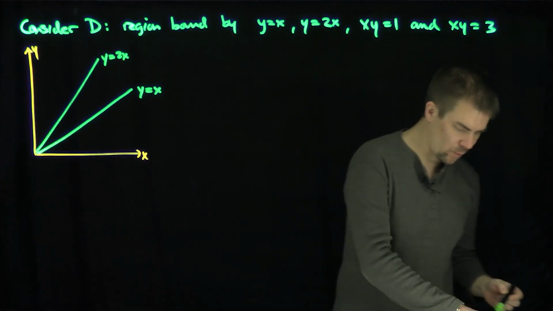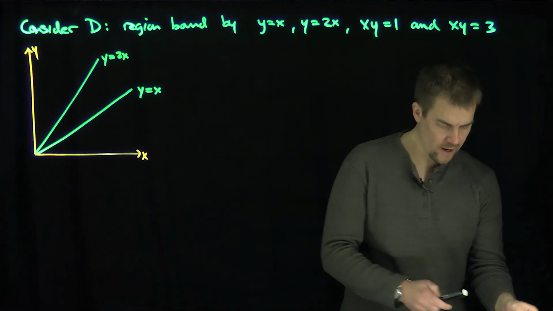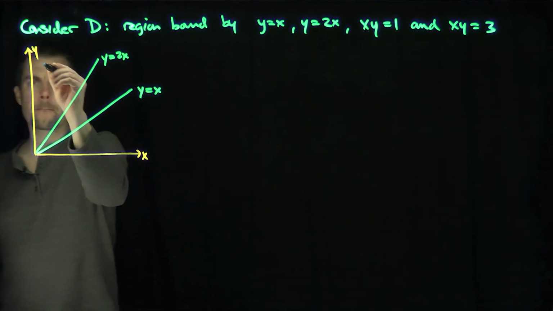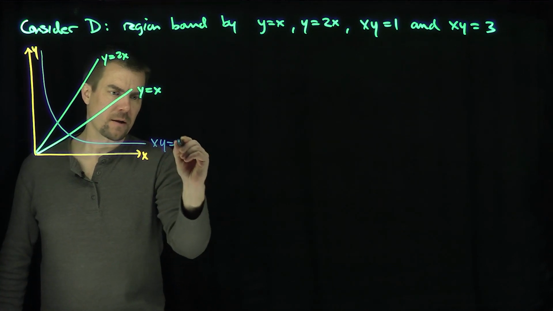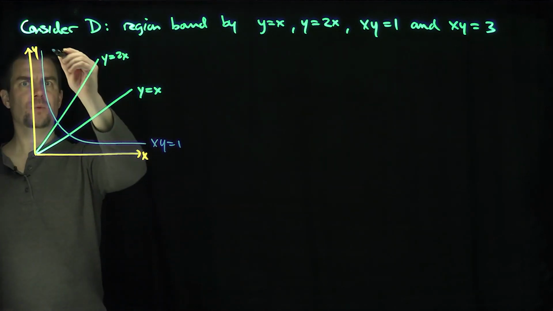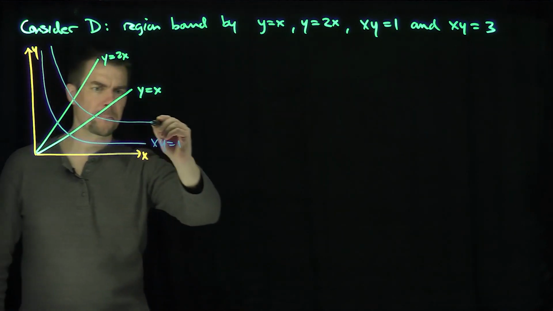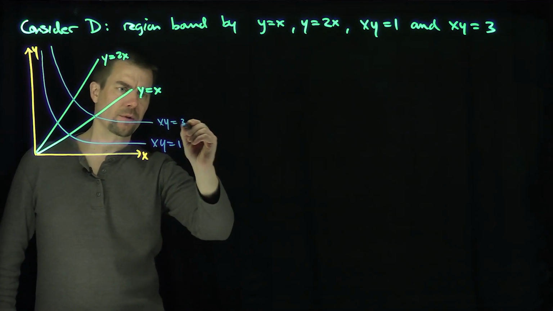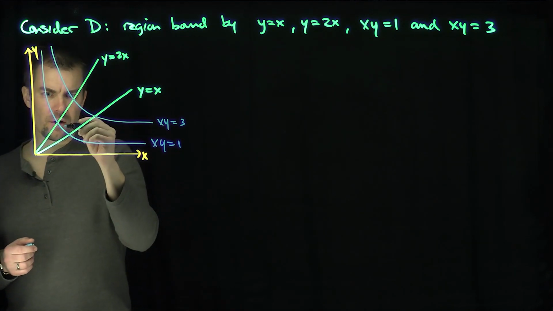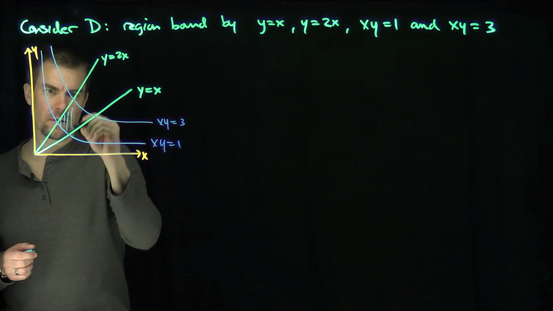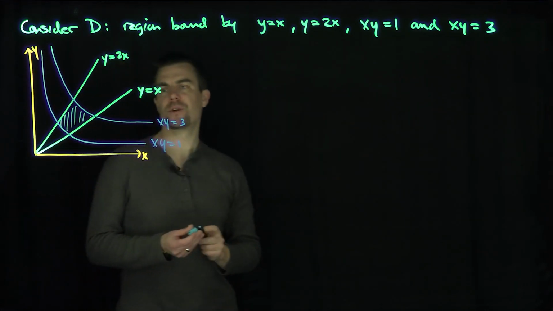And then x times y equals 1 looks like that curve. And then here's x times y equals 3. It's above that. So my region D is going to be this region right over here, inside the intersection over there. That's our region D.